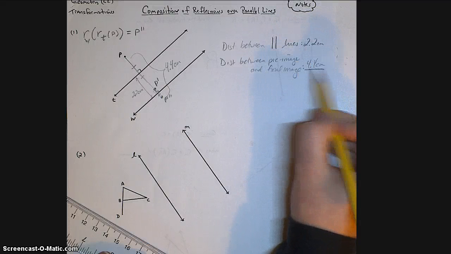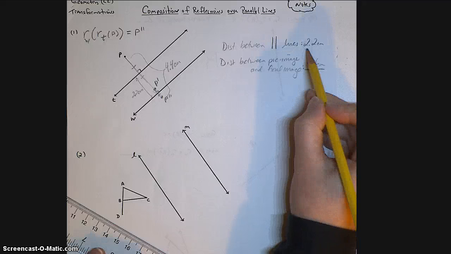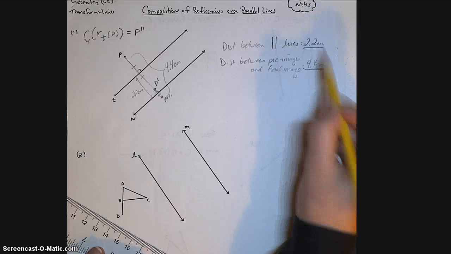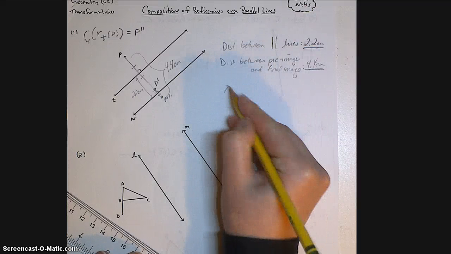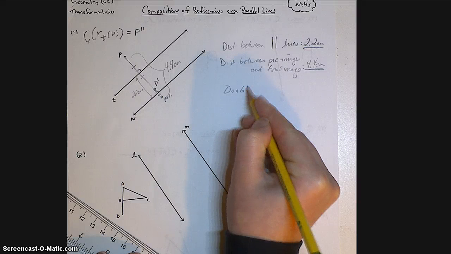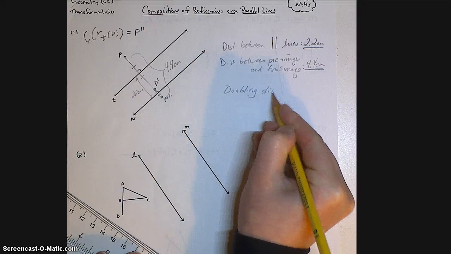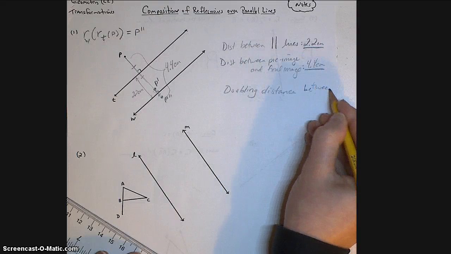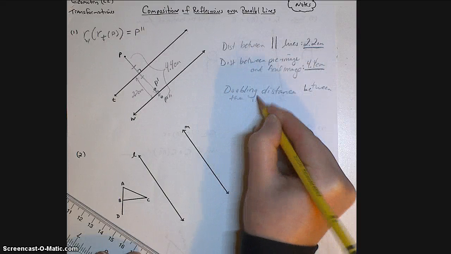Well, I noticed that 4.4 is double of 2.2, so the distance increased by twice the distance. So really we're just doubling the distance between the parallel lines.